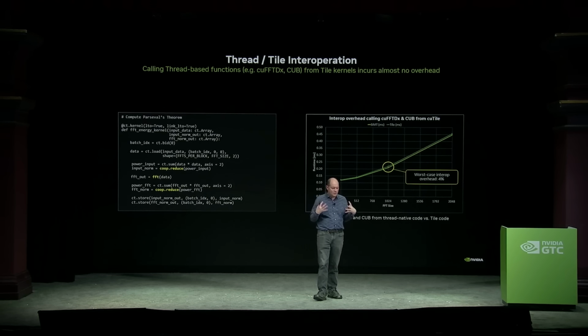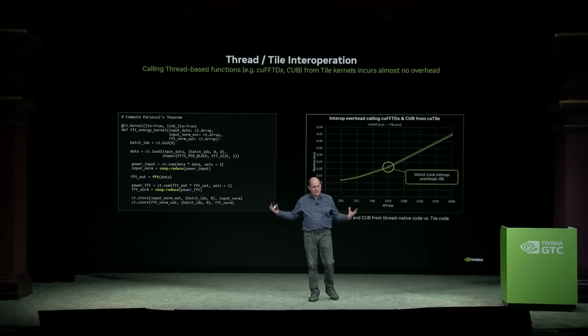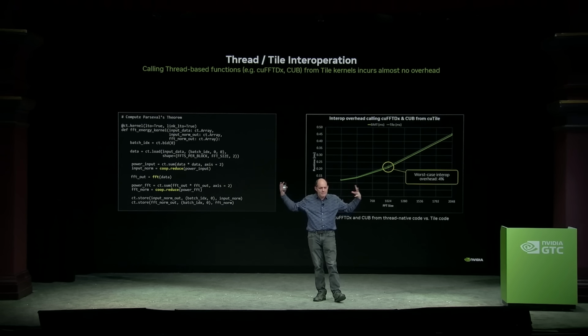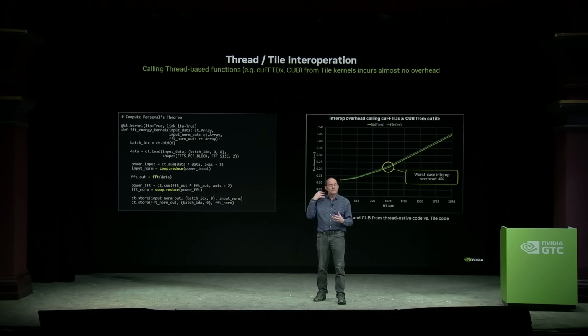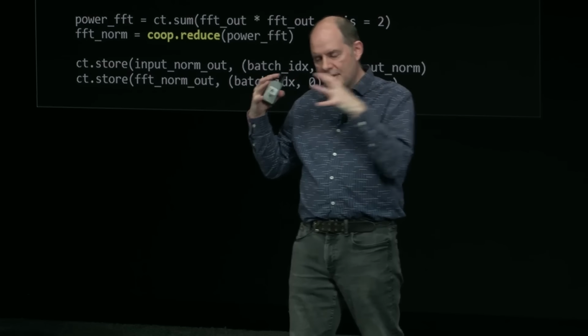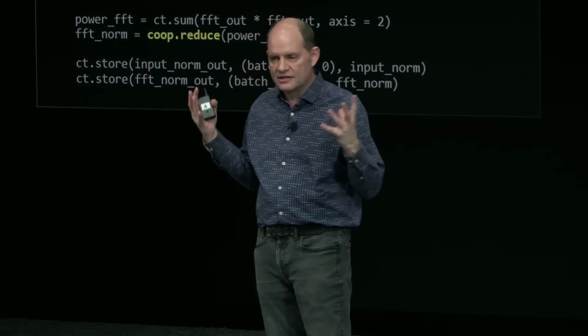One of the core pieces, though, whenever we build anything in CUDA is this. If you saw Jensen's talk, his keynote, he talked about the installed base, the existing pile of things that are already out there, the ability for something new to interoperate and work with something old. And so we built a quick test example where we're calling into the FFT library, we're calling into our parallel algorithms library CUB, or CUDA cooperative in this case because it's Python, and to make sure that bouncing between these two things incurs no real overhead.